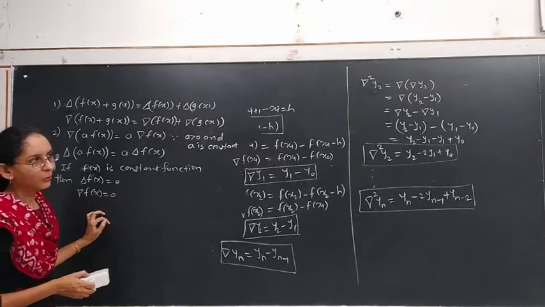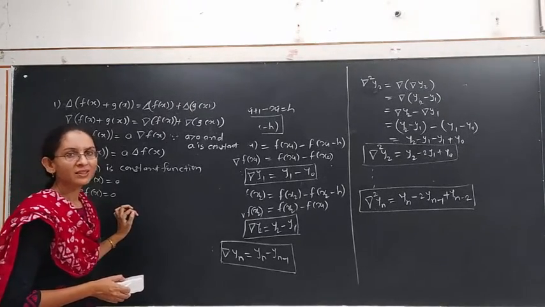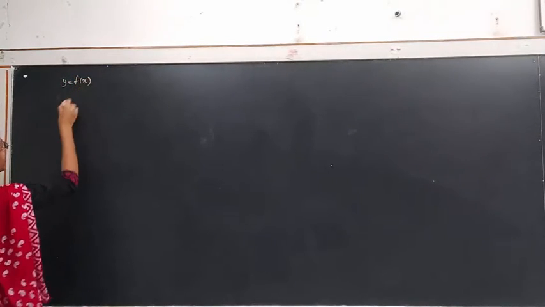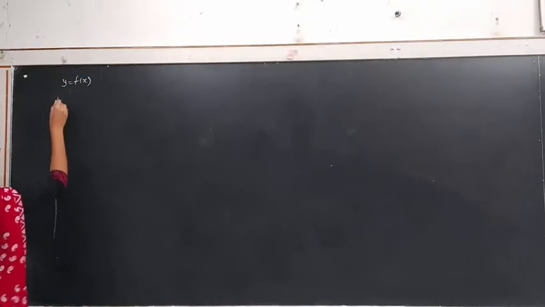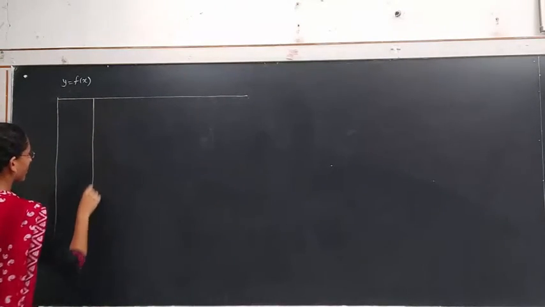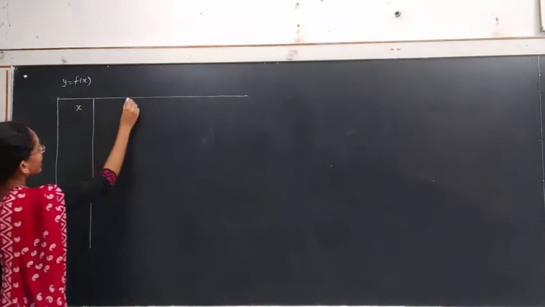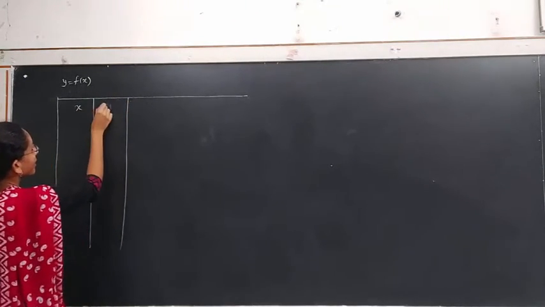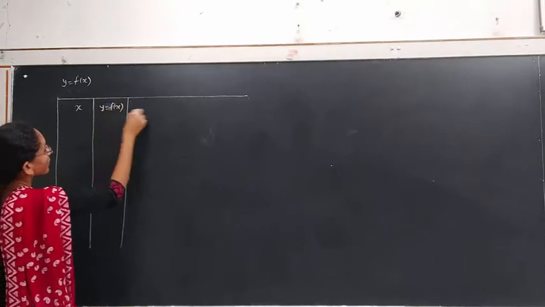Now we see how to prepare the backward difference table. If we are given a function y is equal to f of x, then we prepare the backward difference table. First column includes the values of x. Second column contains values of y, which is a function of x.